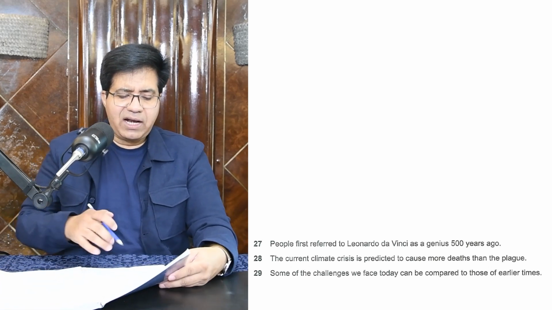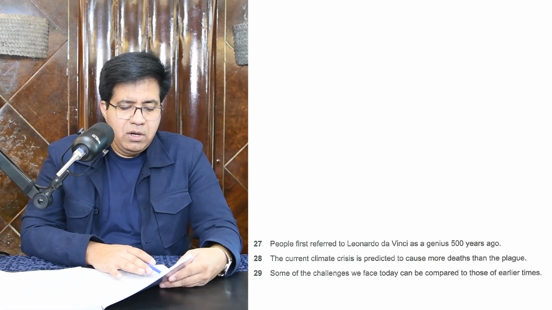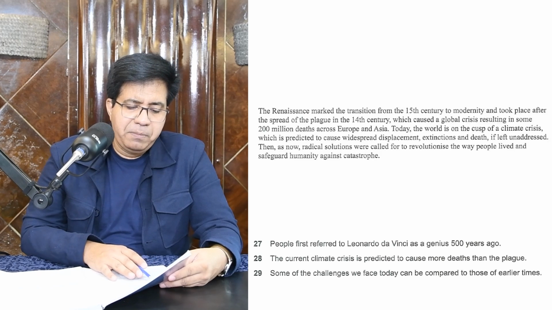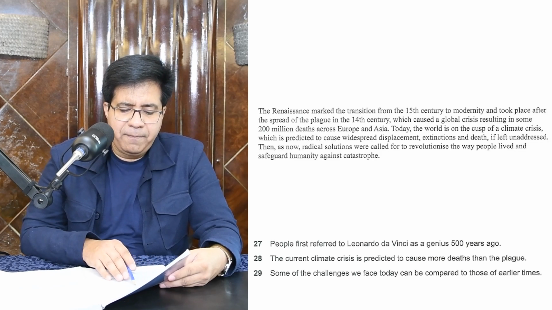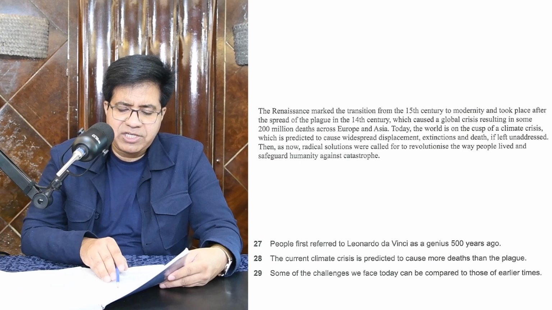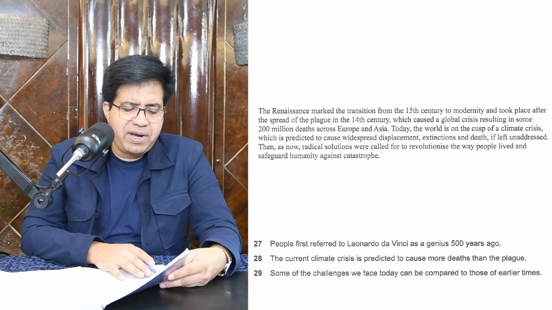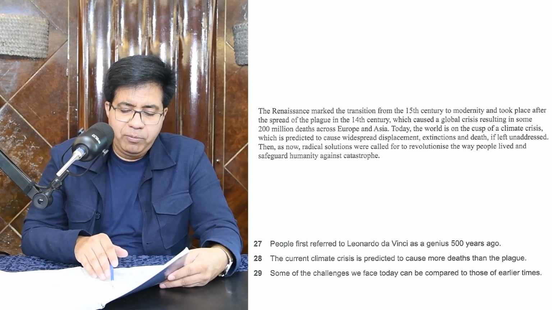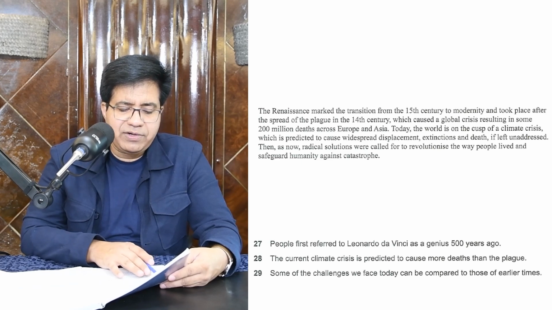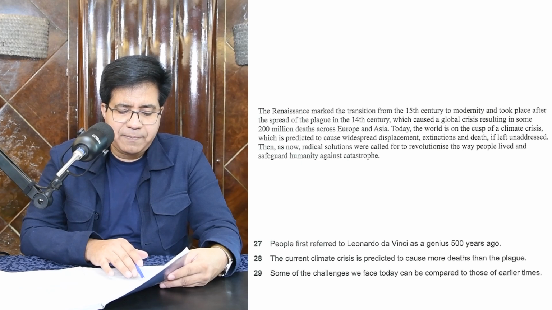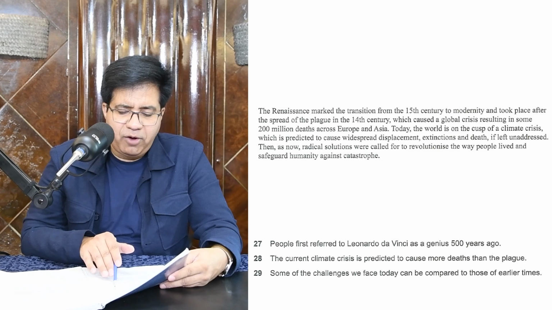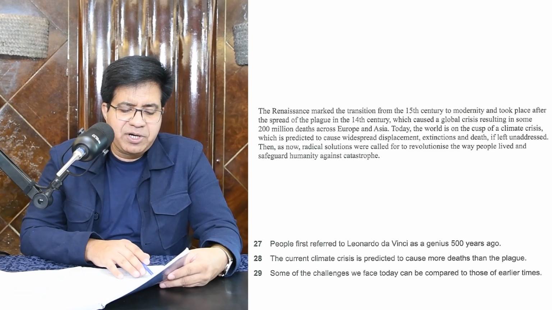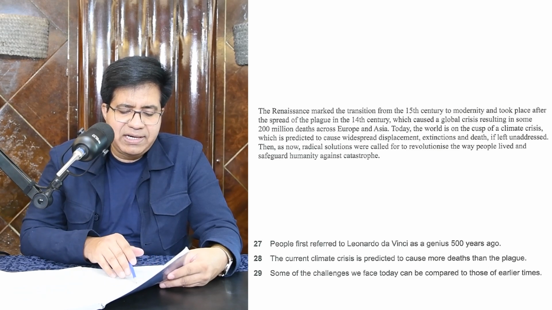Now we look for climate crisis and plague. Well done. In the second paragraph, we have the word plague. The Renaissance marked the transition from the 15th century to modernity and took place after the spread of the plague in the 14th century, which caused a global crisis resulting in some 200 million deaths across Europe and Asia. Today, the world is on the cusp of a climate crisis, which is predicted to cause widespread displacement, extinctions, and death.